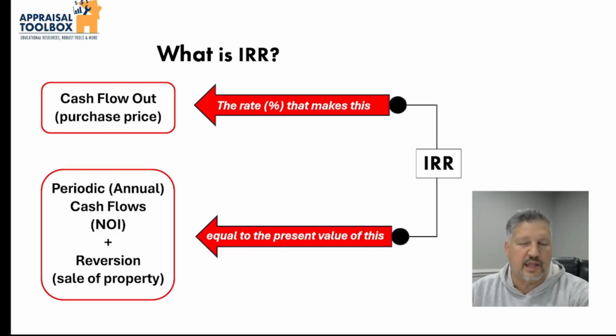So now that we know the cash flows, we can turn to our internal rate of return calculation, which measures or compares what the investor paid for the property or the cash out to all of the positive or periodic cash flows that occur during the investment period, including the reversion. And once the present value of all the cash flows are calculated and compared to the cash out or the purchase price, we can then develop the internal rate of return.